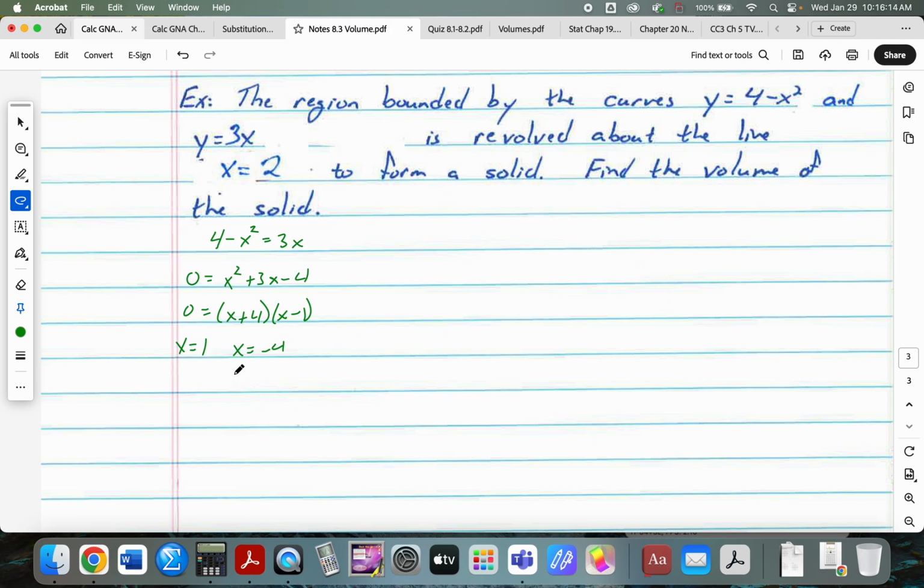So let's draw a quick picture of that. We need a lot of room over on the left, unusually. At x equals 1, y is going to be 3 for both of these. And when x is negative 4, y is going to be negative 12, so somewhere over here.